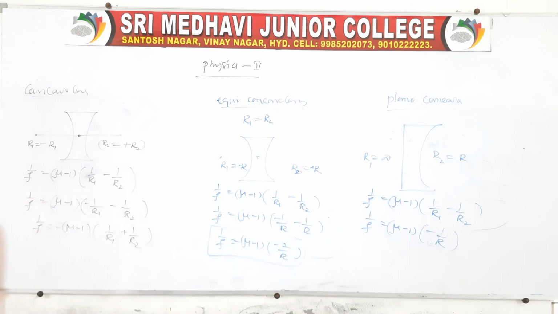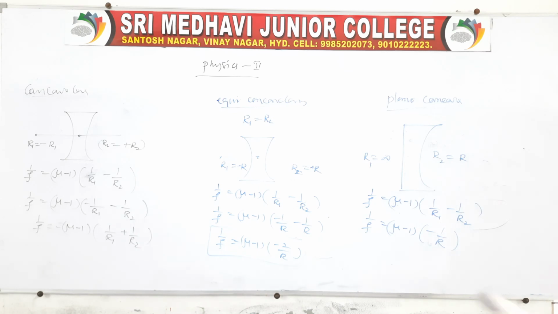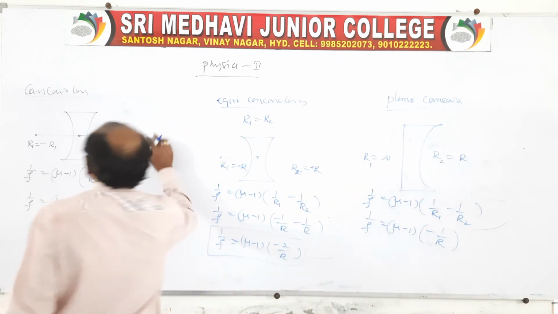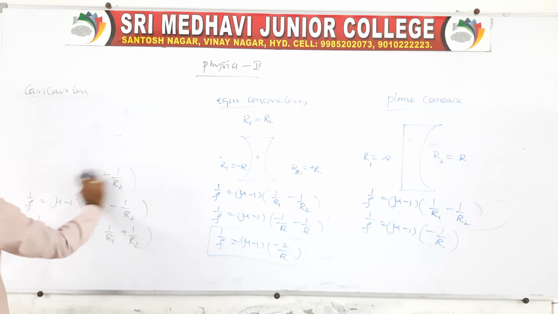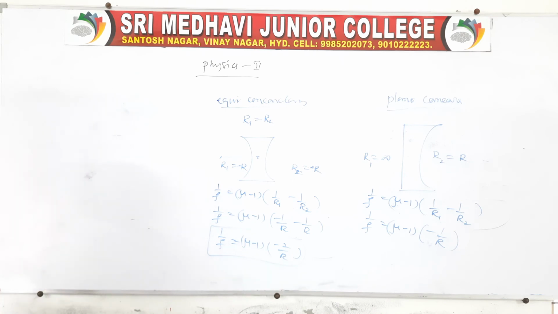Suppose you go for the plano convex. I want to tell you plano convex also. These are the special cases related to objective questions. Plano convex: one surface should be plane. So you take it like this.